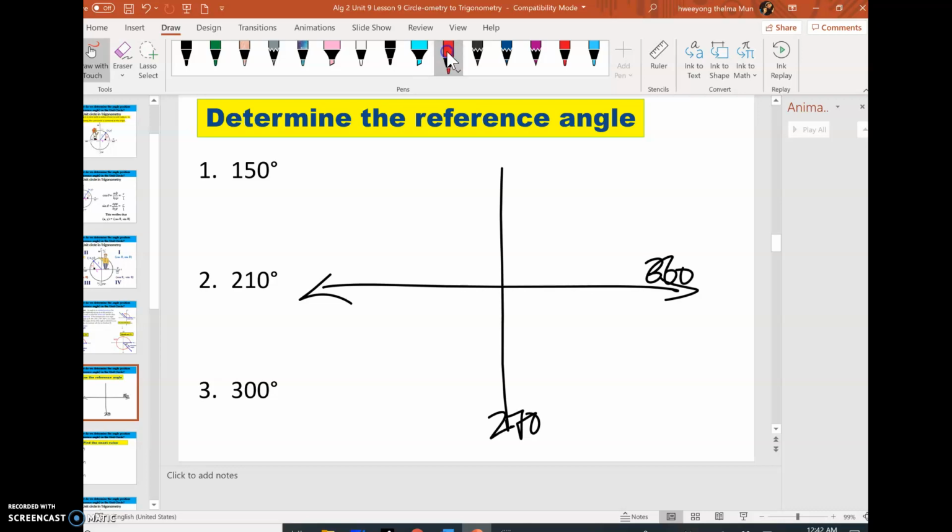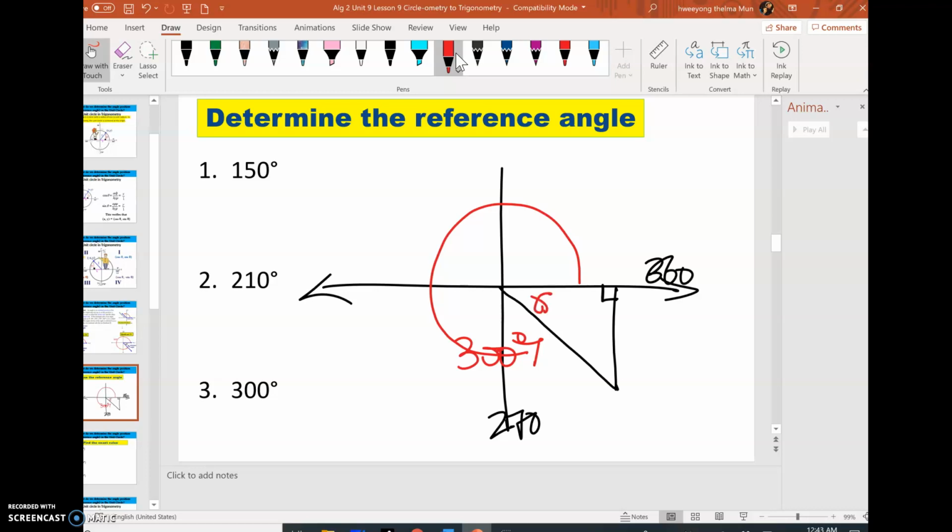So we know that the initial side and terminal side are going to end somewhere there. If you draw in the terminal side, it's going to look like that. So you're going to draw a triangle bounded by the x-axis. If this is 300 degrees, how many more degrees are you going to go to get to 360? This is going to be the reference angle R.